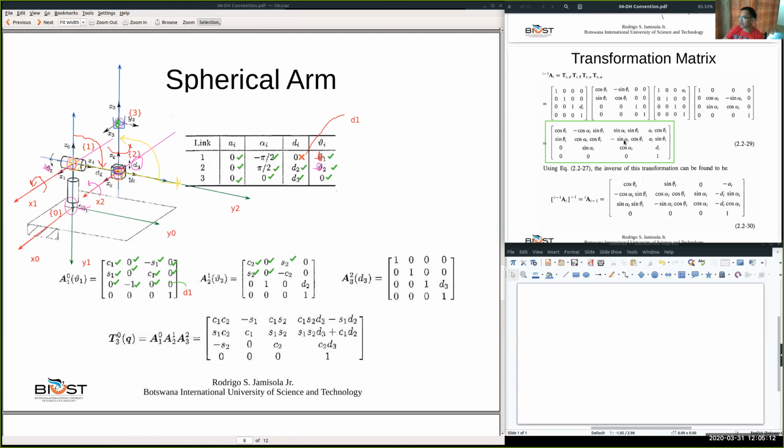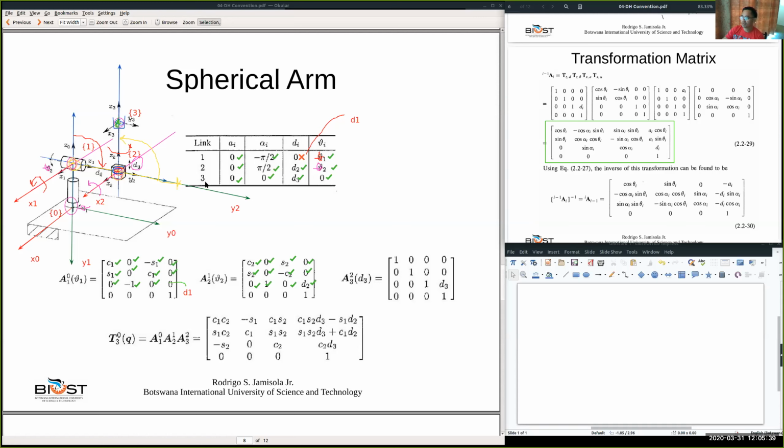And this is negative sine of 90, that's negative, and then that's correct. Because your A2 is 0, that's 0 and that's 0. But you have a D2 there, so D2 is correct. The bottom you have 0, sine of alpha is 90, that's 1, and cosine of alpha is 0, that's correct.